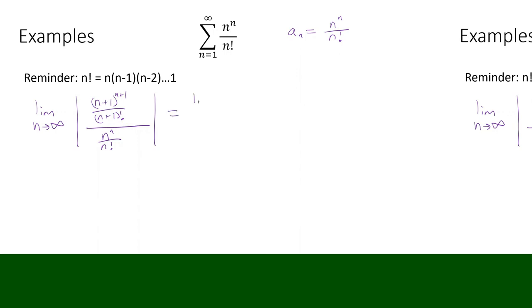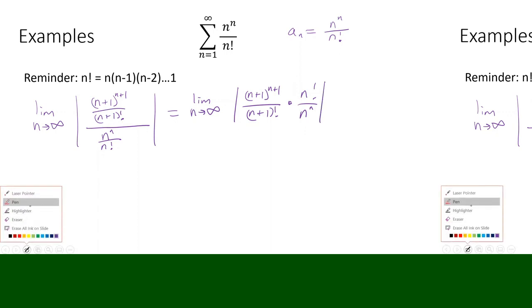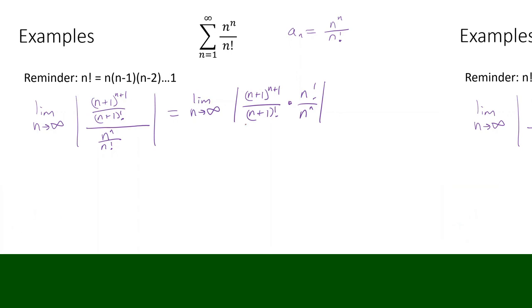So I'm going to flip, so that gives me (n+1) to the n+1 over (n+1) factorial times n factorial over n to the n. I'm going to get some cancellation here. So cancel, and this leaves n+1 on the bottom.